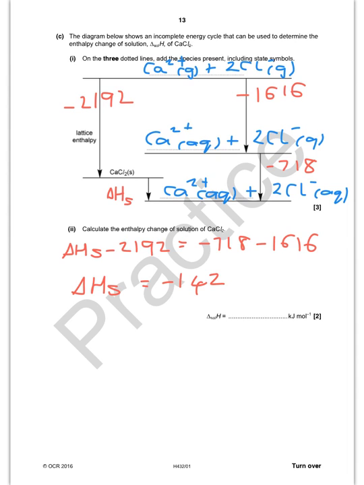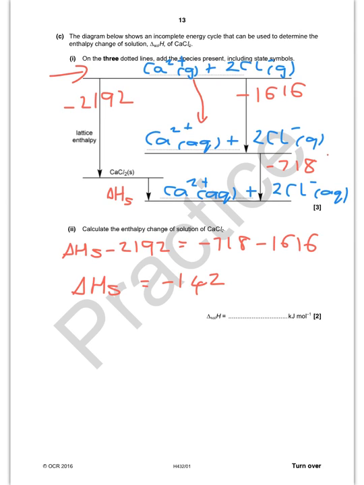Okay, now if we go back to the previous page, you will notice they've given me some enthalpy changes. What I've done is I've popped these onto the chart here, to give me the diagram. So obviously the reverse of lattice enthalpy going up here is going to be your ions in the gaseous state. The first change is the enthalpy of hydration of the calcium ion.